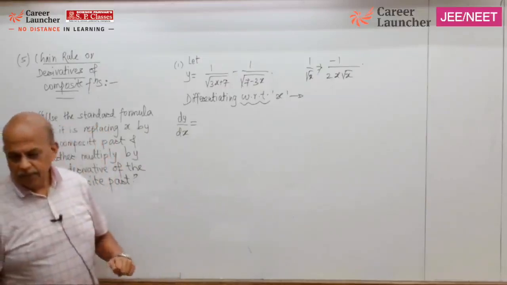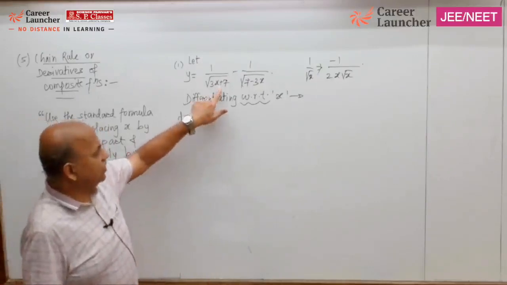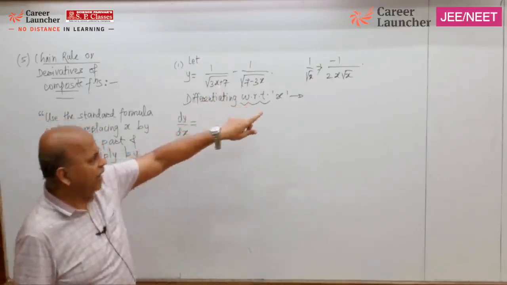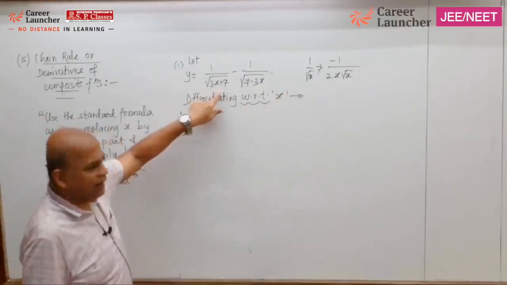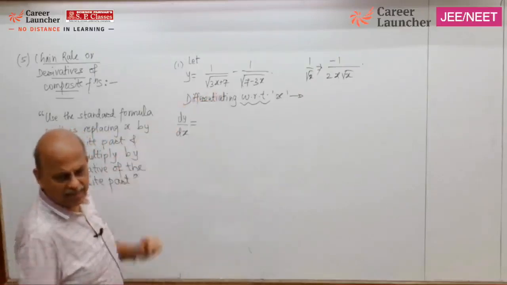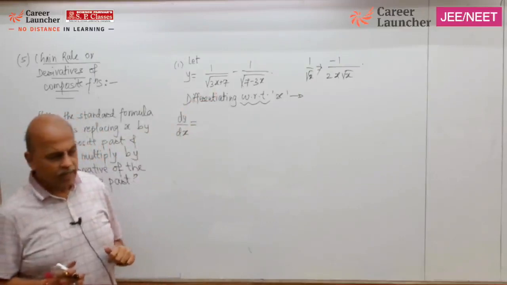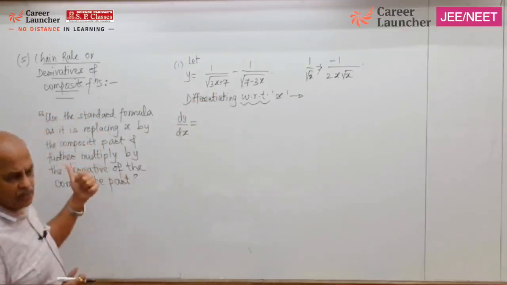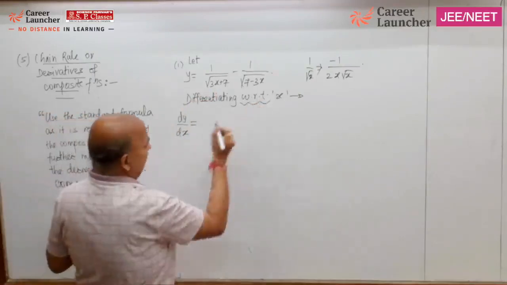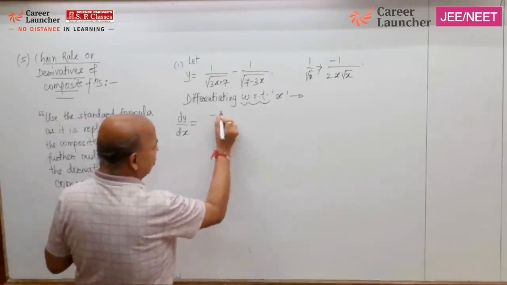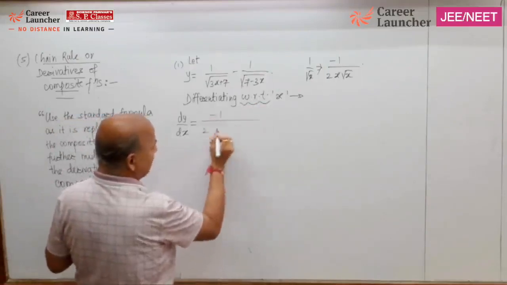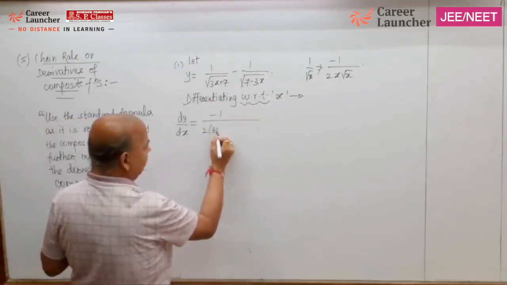Tell me, which function is replacing x in the formula? Root x, what is in place of x? Come on, tell me. 3x plus 7. So don't you feel 3x plus 7 becomes a composite part? And now we'll make use of the chain rule. I will make use of the standard formula. Use the standard formula as it is, replacing x by the composite part.